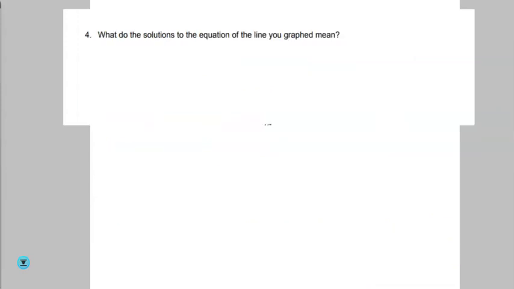So moving on to number 4, what do the solutions of the equation of the line you graphed mean?